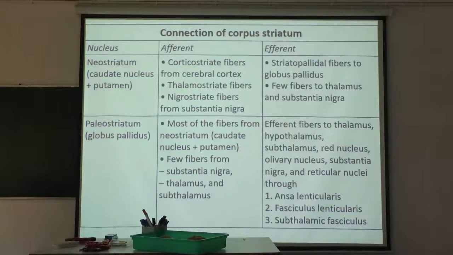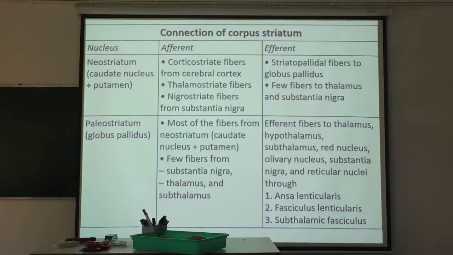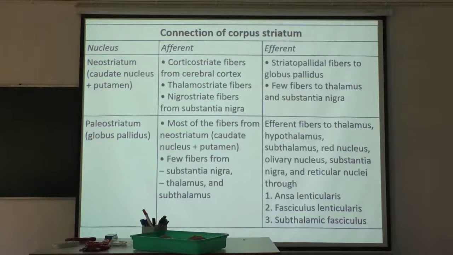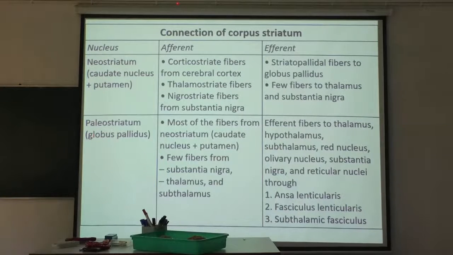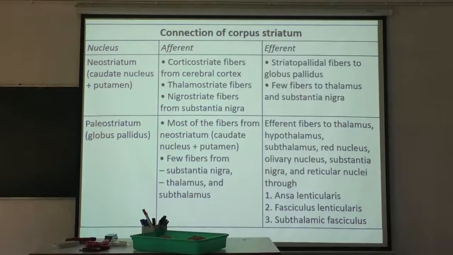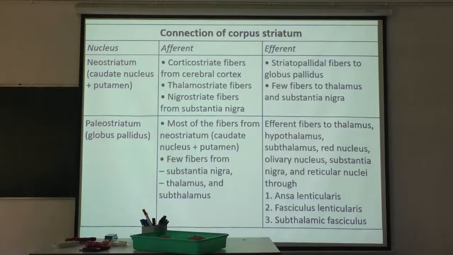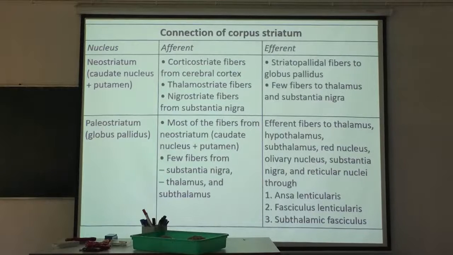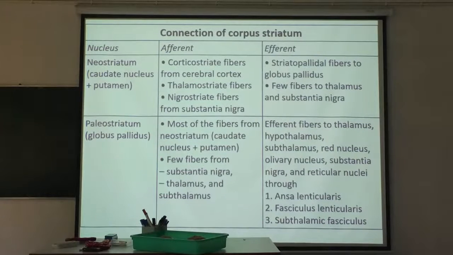Next, paleostriatum, which consists of the globus pallidus. Afferents come mostly from the neostriatum, that is, the caudate nucleus and putamen. Here you can see the efferent from the neostriatum going to the globus pallidus. So the globus pallidus, paleostriatum, gets most of its afferents from the neostriatum, and a few fibers from the substantia nigra, thalamus and subthalamus, so mainly from nearby structures.